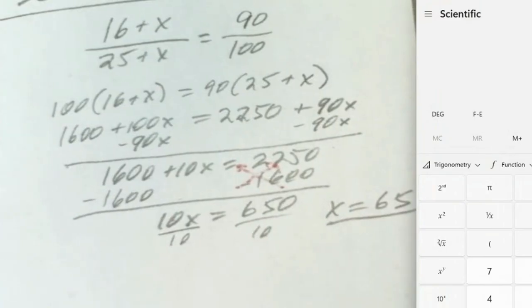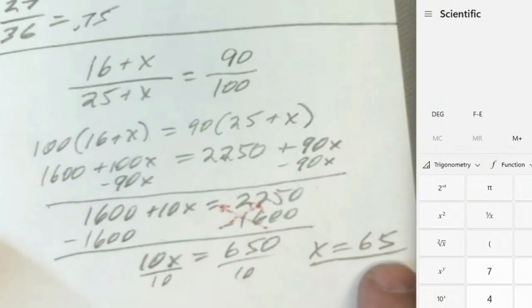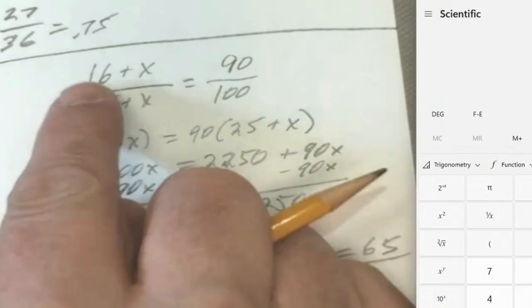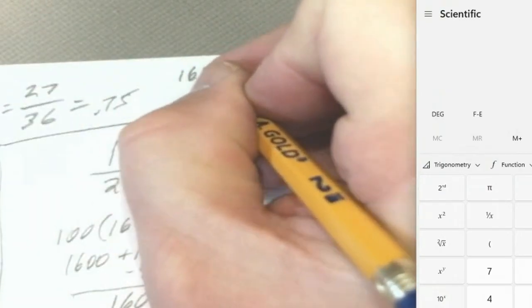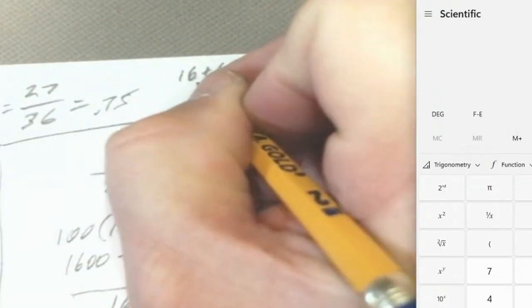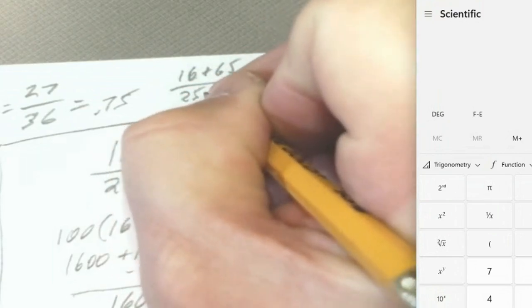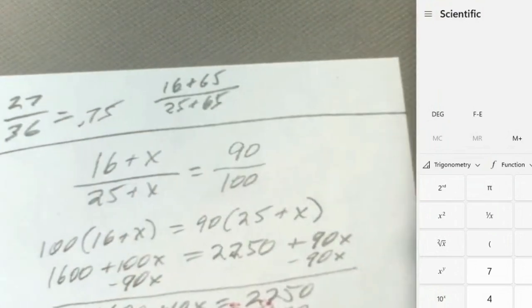Absolutely. Breland had it nailed. She's on top of that. Let's check it to see if that's right. 16 plus 65 over 25 plus 65.